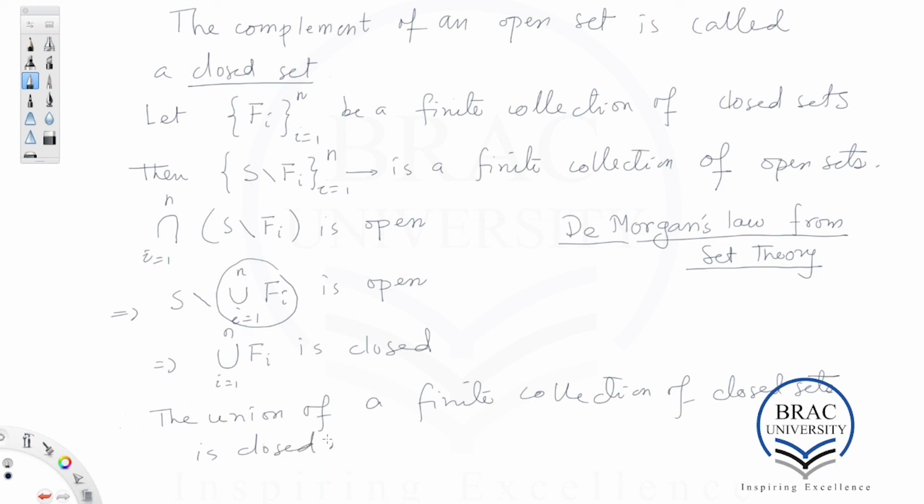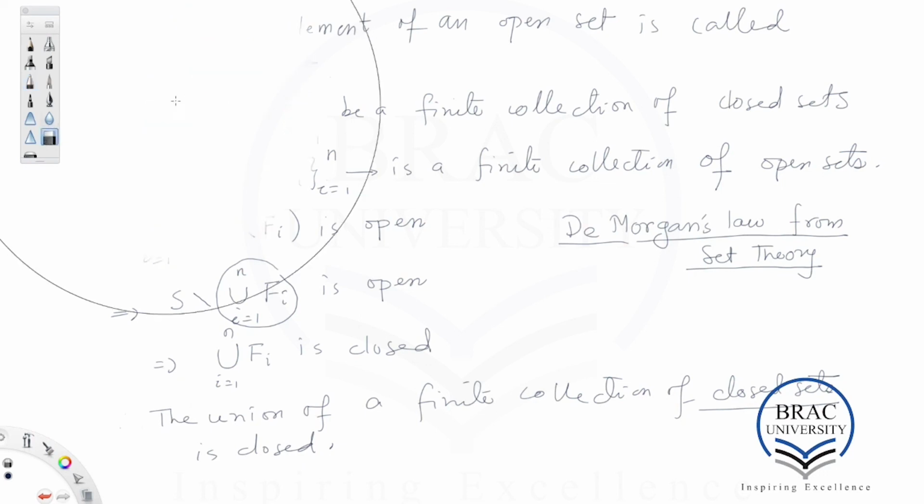Okay, so the story changes for closed sets. It's not the same as the story of the open sets. We can see it from here. Now what about an arbitrary collection of closed sets? Okay, let's see.